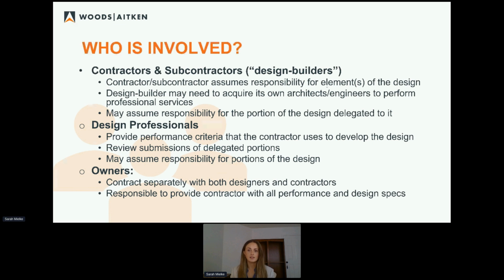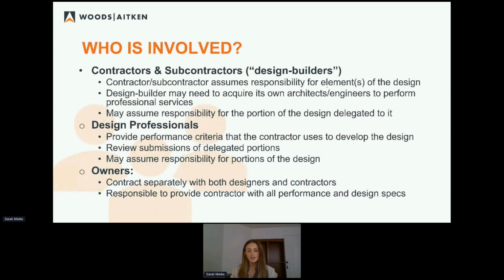So then we have the design professionals. They will provide performance criteria that the contractor typically uses to develop the design. It doesn't always work that way. And I think that's something that could probably be said for every single slide here, is that design delegation looks very different on a case-by-case basis. But in general, the performance specs are going to guide the contractor's development of design.